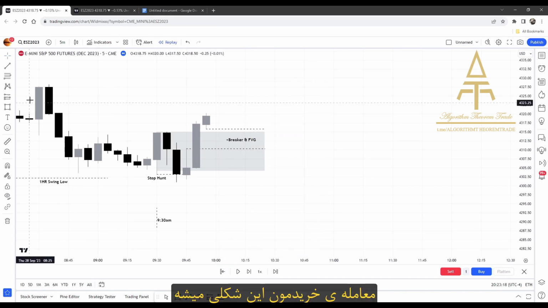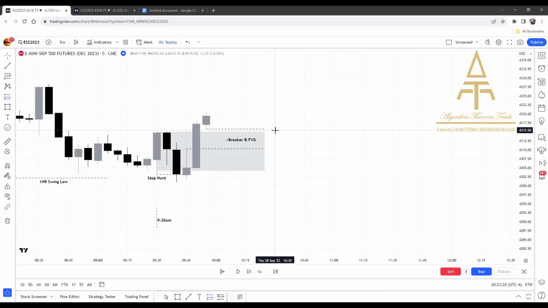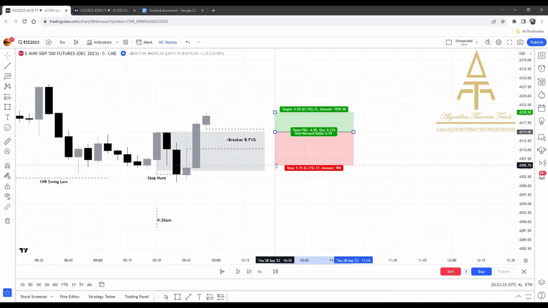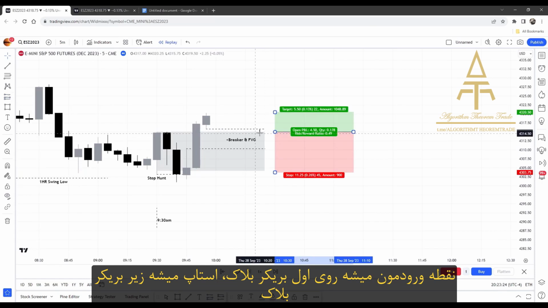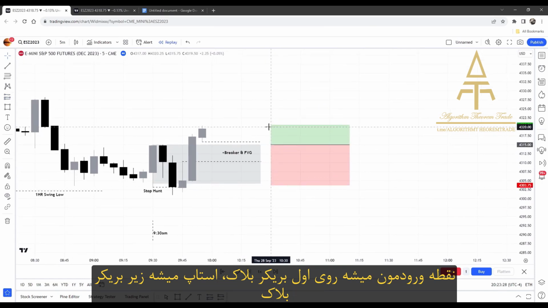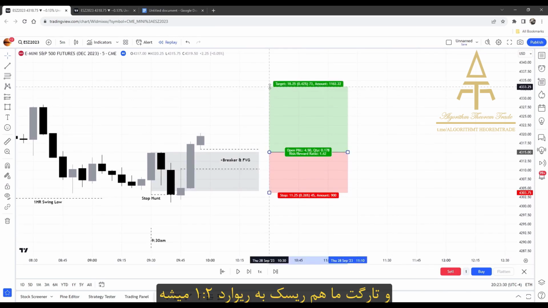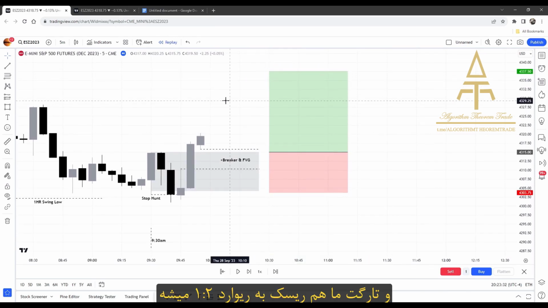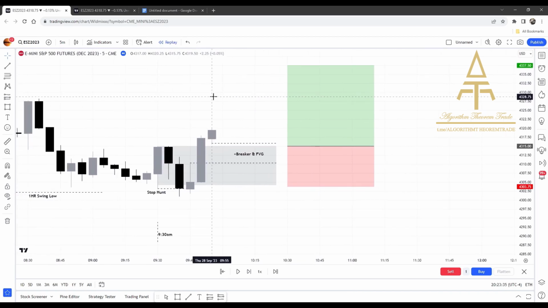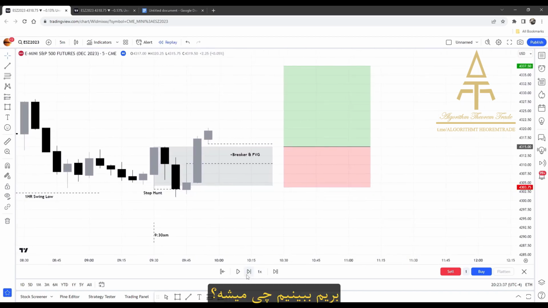The long would look like this. Entry at the beginning of the breaker block, stop loss below the breaker block, and we would aim for 2R. Let's see what happens.